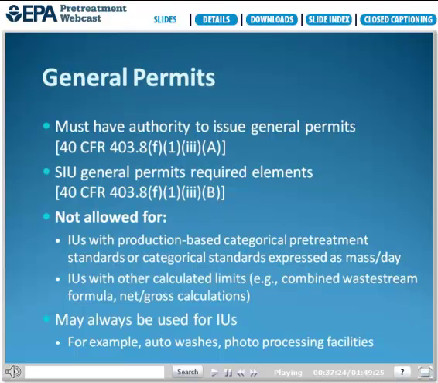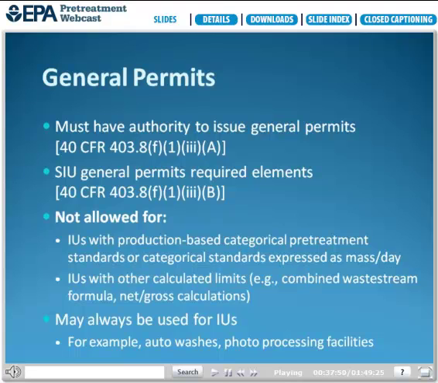If these general permits are used to regulate significant industrial users, they must contain the federal minimum requirements. However, POTWs might save time by crafting only one permit that is issued to several industries, instead of perhaps several permits that all look nearly identical except for the name on the top. It's an economy of scale type of situation.